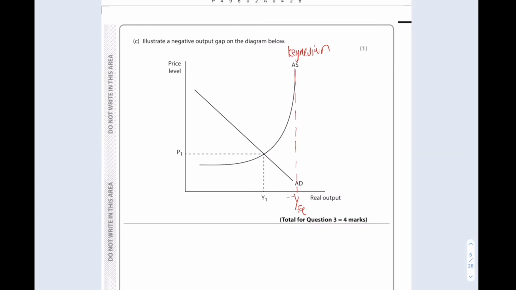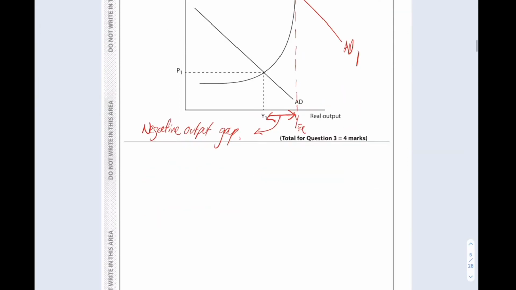So here the output gap is just here. This is the negative output gap, the distance between YFE, full employment output, and Y negative output gap. And just to back up that point, if my AD curve intersected here, then there would be no output gap. So we would be at full employment output.